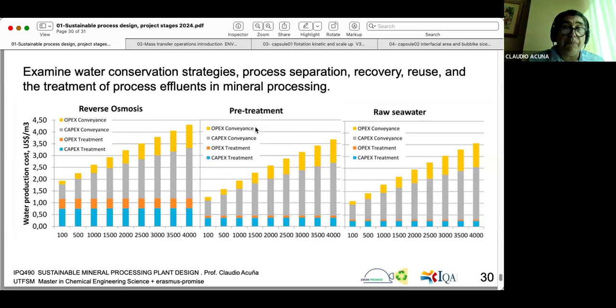So in short, yes, there is a good technology, it is reverse osmosis, but producing industrial quality water, that means 5,000 microsiemens per centimeter. And actually, the largest reverse osmosis plant doing that is owned by BHP.